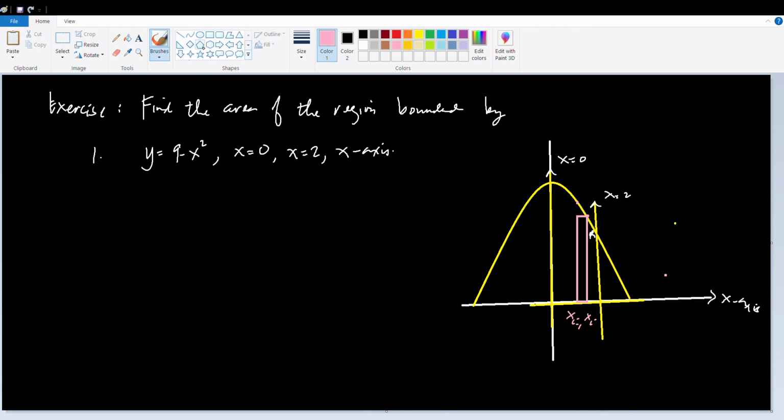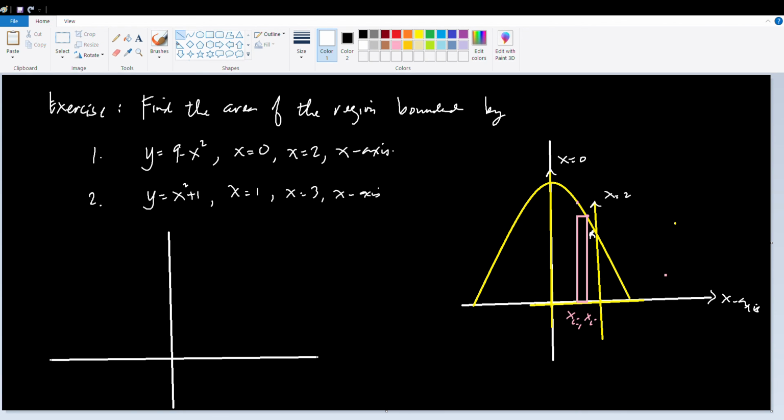And then another one, let us say y equal to x squared plus 1, x equal to 1, x equal to 3, and the x-axis. So what will be the graph? Okay, there.